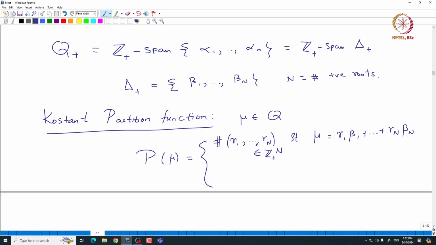This makes sense only if mu is in this cone Q plus, or otherwise we define it to be 0.